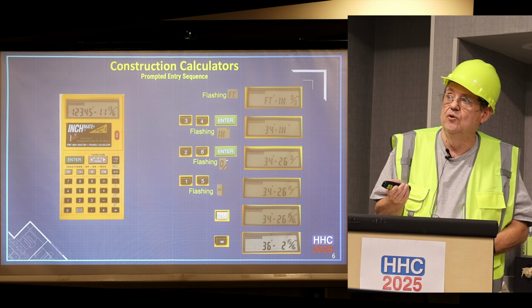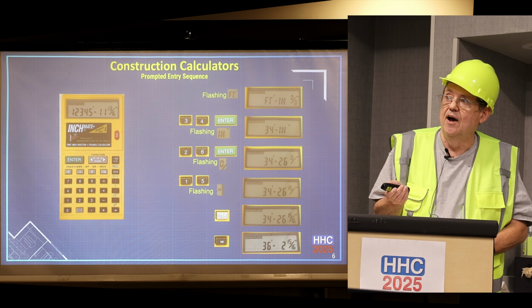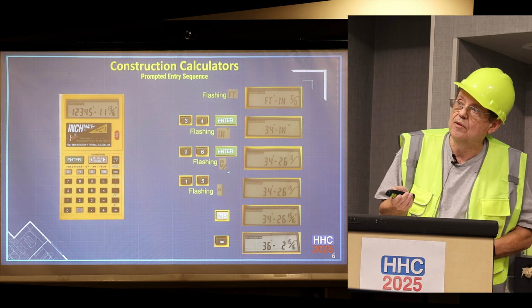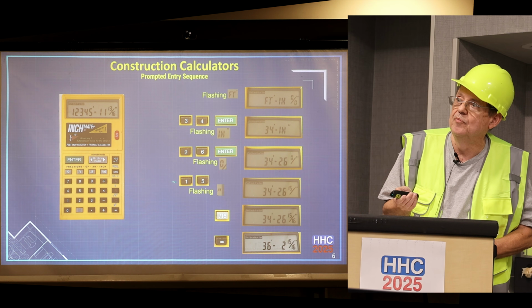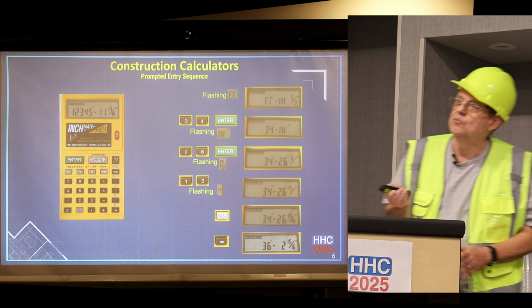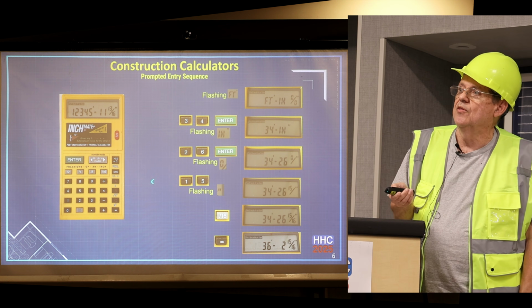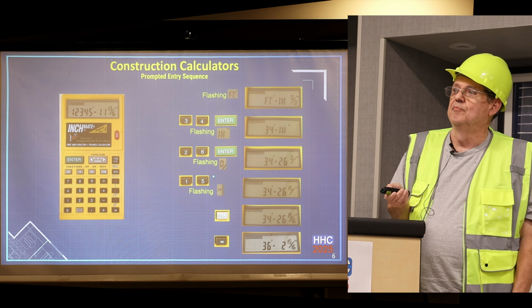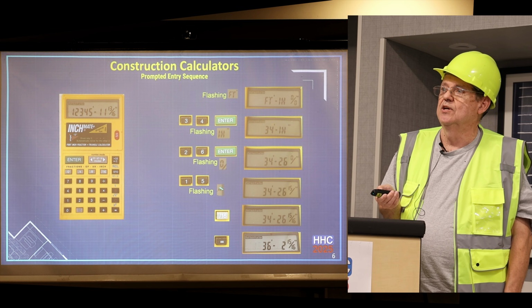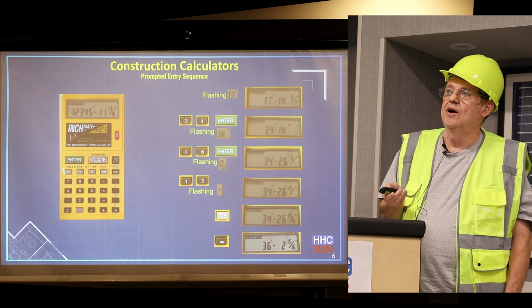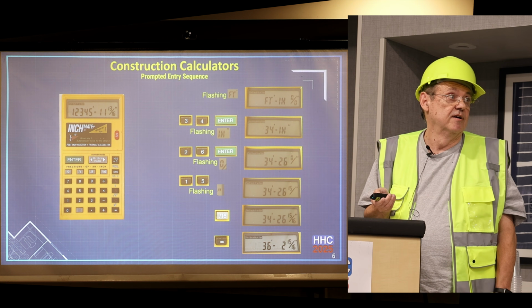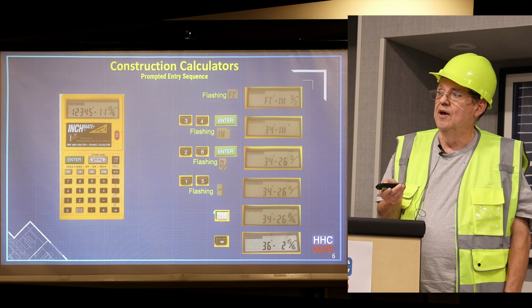Now you get the numerator flashing. Then you enter the numerator because the numerator is flashing. Then you get the inch mark flashing. And then you select the denominator for the fraction.